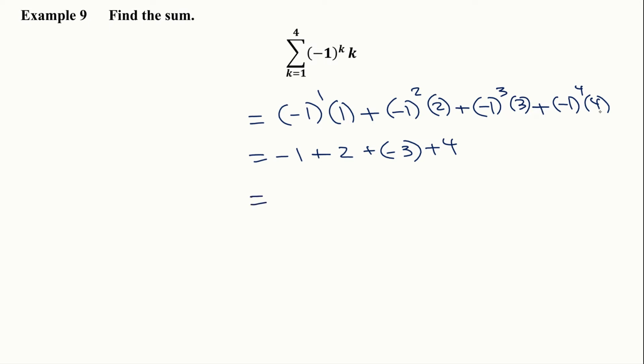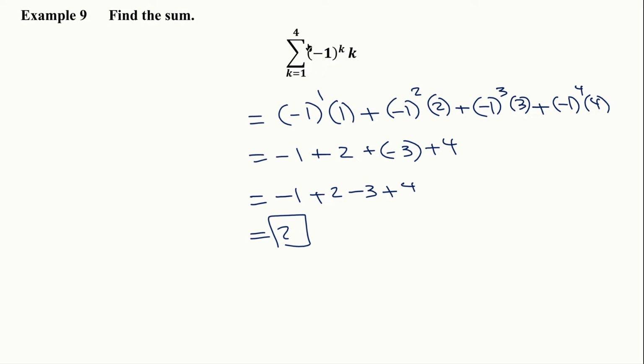So you get negative 1 plus 2 minus 3 plus 4. So that's 1 minus 3 is negative 2 plus 4 is 2. And that's how you would go ahead and take care of that.